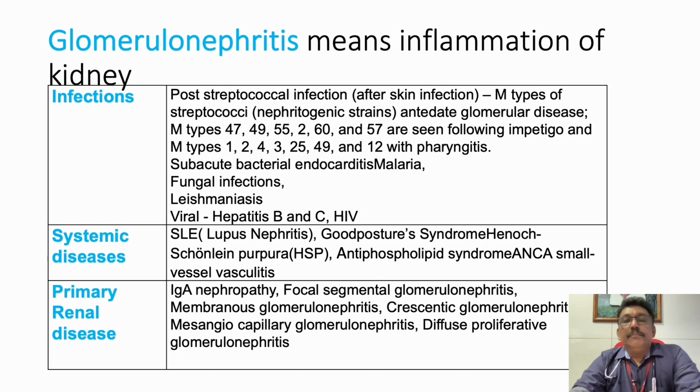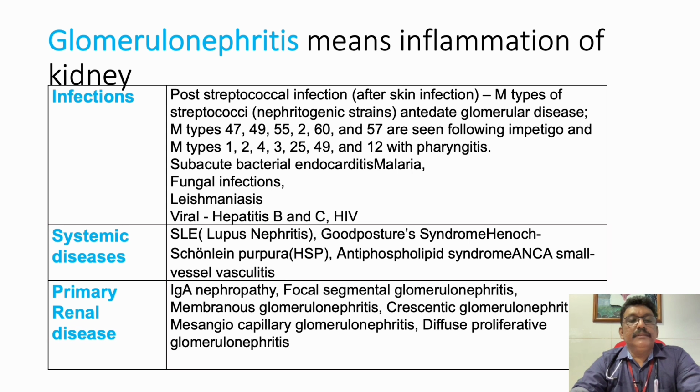Now we will see another important cause of acute kidney injury, that is acute glomerulonephritis. Glomerulonephritis means inflammation and destruction of renal glomeruli. The commonest infections are post-streptococcal infection, which is very common in children, then fungal infection, leishmaniasis, hepatitis B, hepatitis C, HIV.